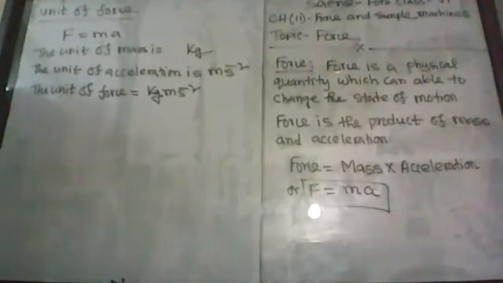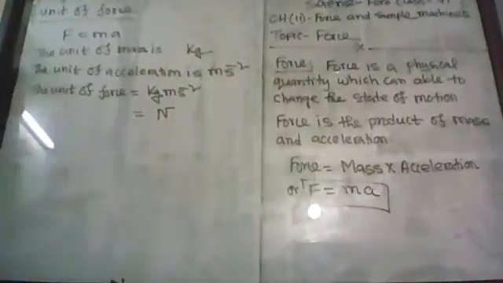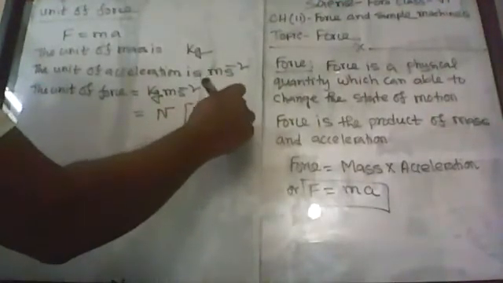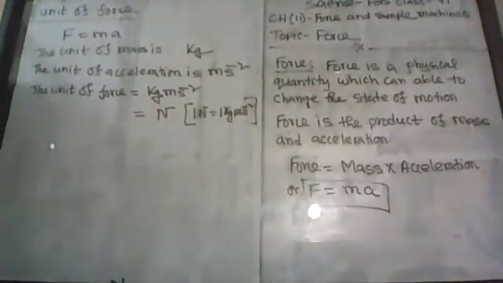To give respect to Newton, the SI unit or compound unit of force is shortly presented as Newton. 1 Newton equals 1 kg meter per second square. So the SI unit of force is Newton.